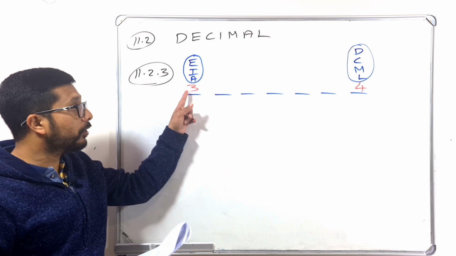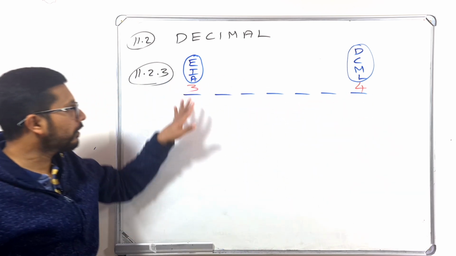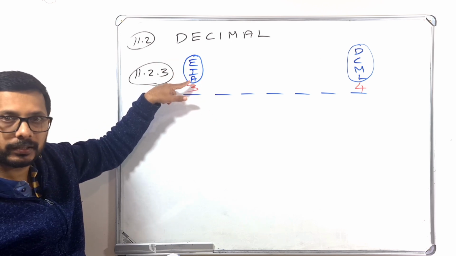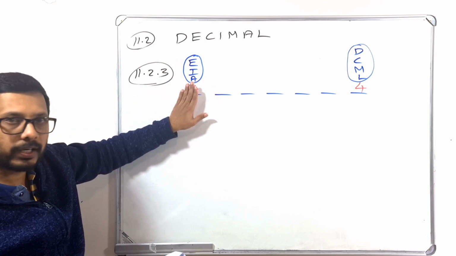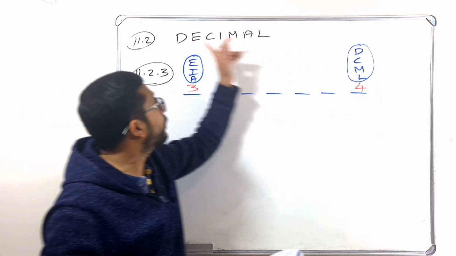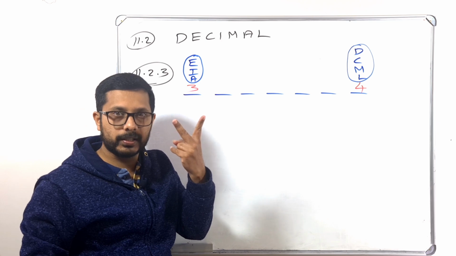Don't say 3 plus 4, 7 letters. No. One letter from any of these 3, and one letter here. So from these 7 letters, I already used 2 letters.